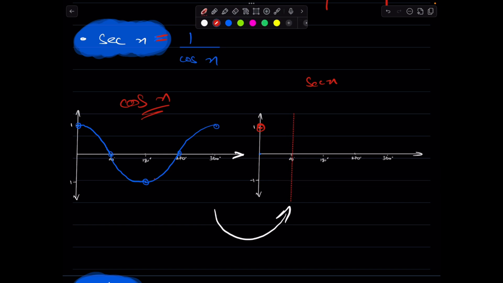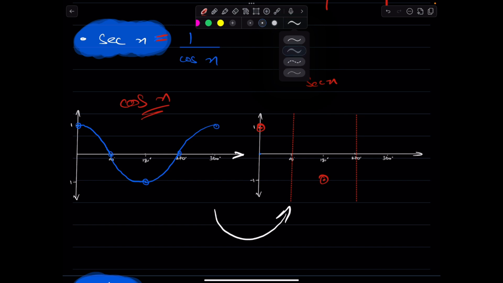Then moving on, we have a minus 1 here. 1 over minus 1 is a minus 1. So we have a point here. And then we have 0 at 270 yet again. Thus we have a dotted line, an asymptote, yet again at 270. And then at 360 cos x is equal to 1. Thus 1 over 1 is 1.